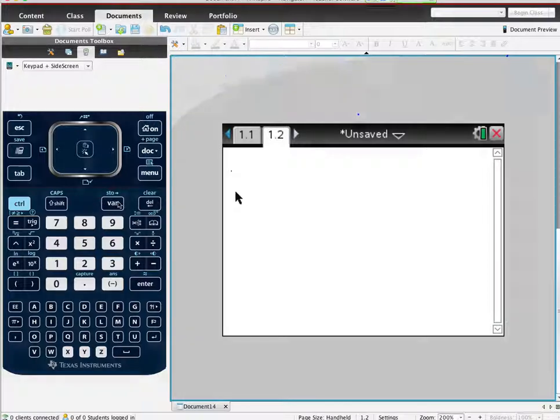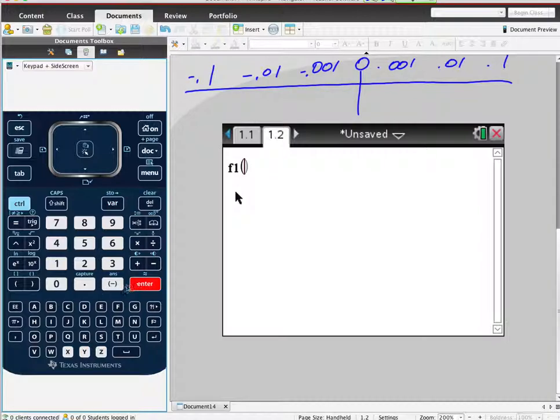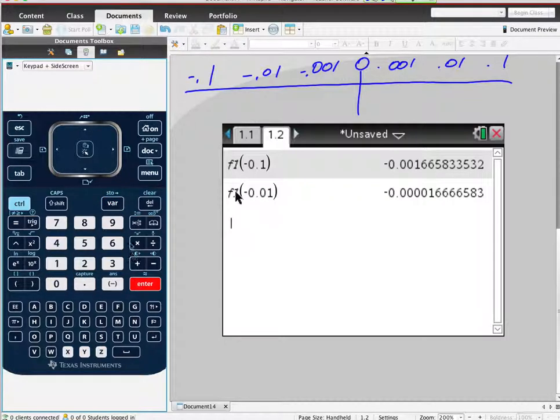So I'm going to press variable, enter. I'm going to do negative 0.1, variable, enter, negative 0.01, and so on.